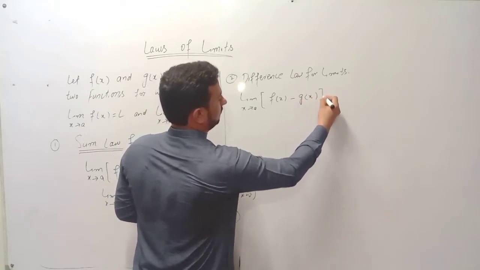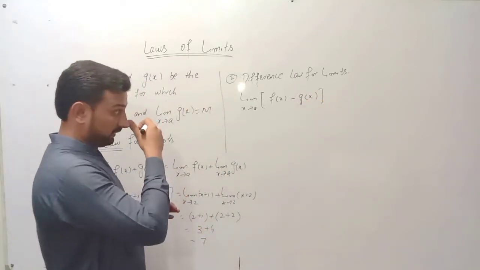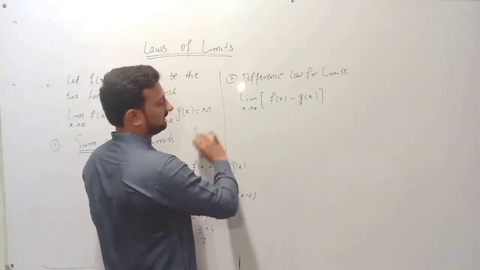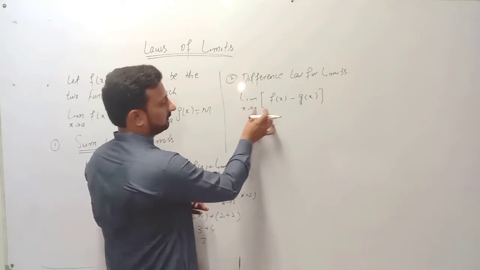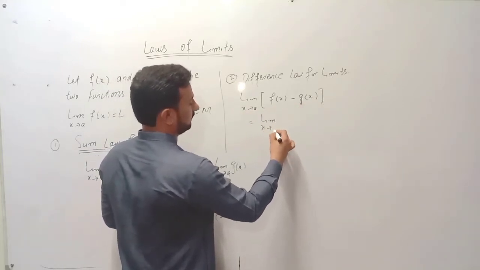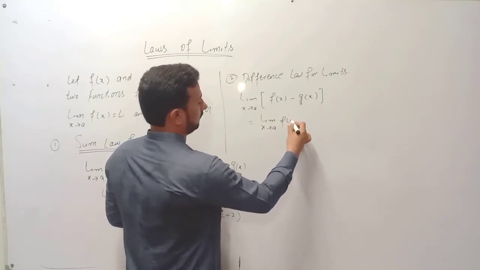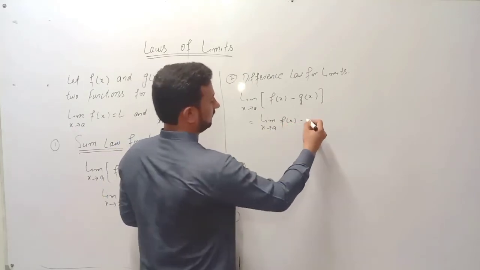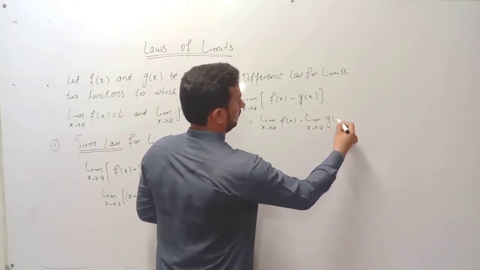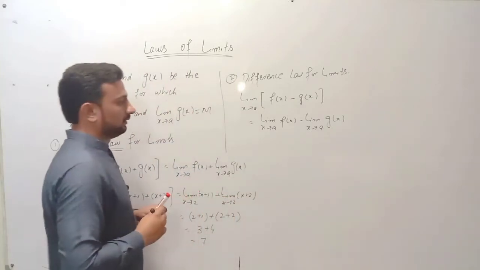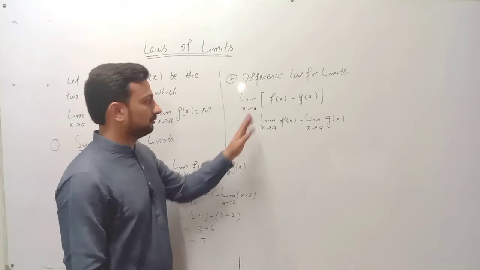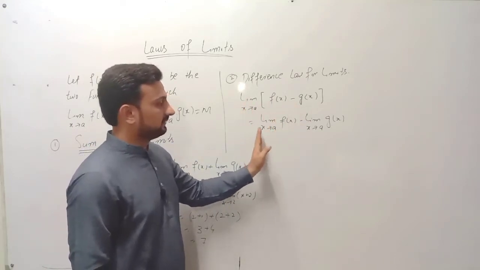Now when we evaluate the limit, we apply the same concept: apply the limit separately to each function. That results in the limit as x approaches a of f of x minus the limit as x approaches a of g of x. So when two functions are put together with a negative sign, meaning their difference, we apply limits to each of them separately.